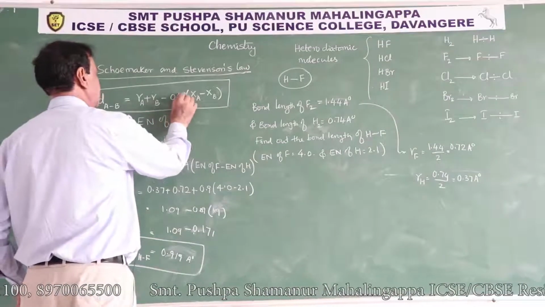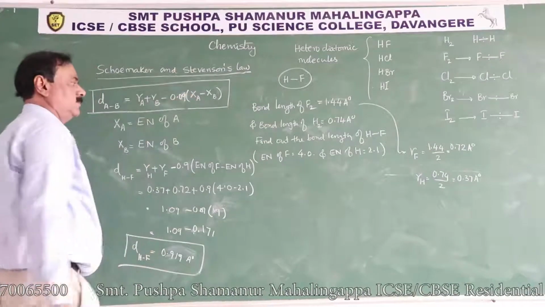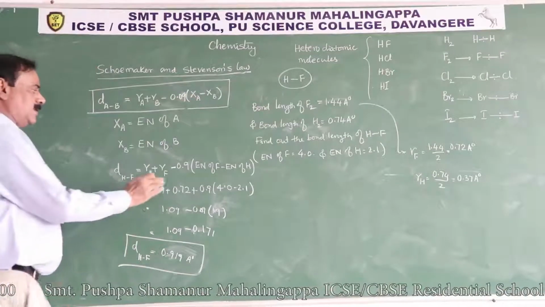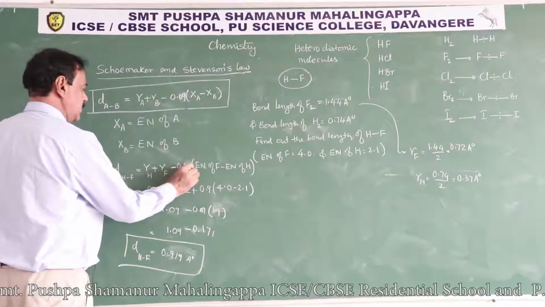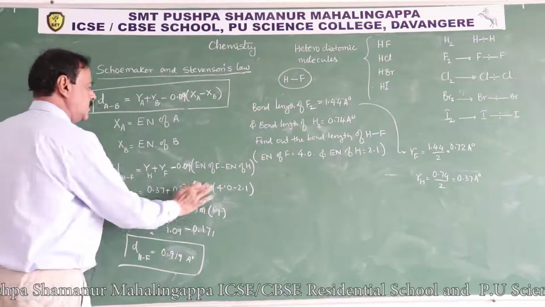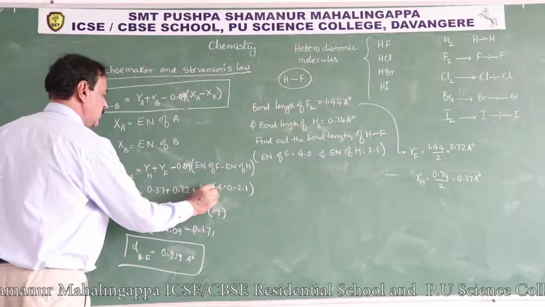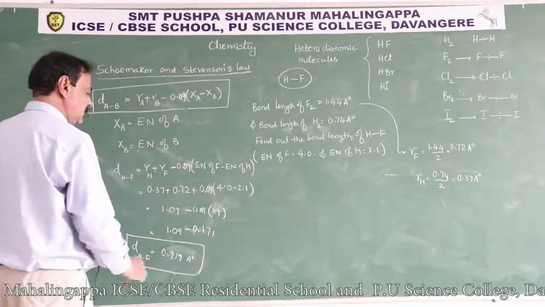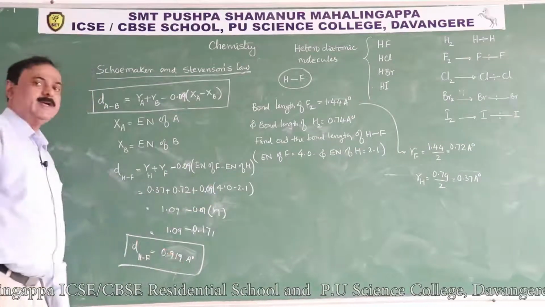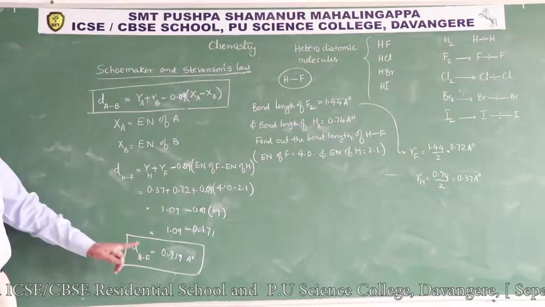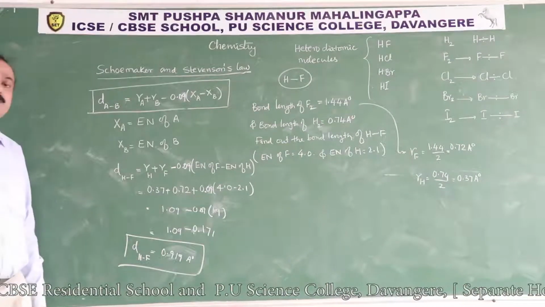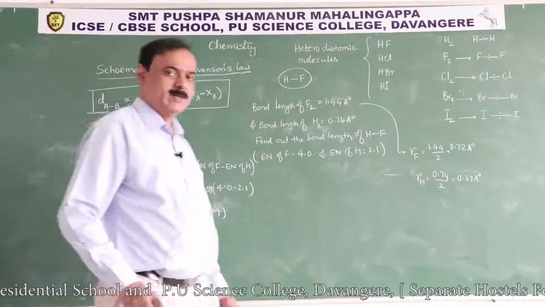This is how to calculate the bond length between two hetero atoms when they are bonded.